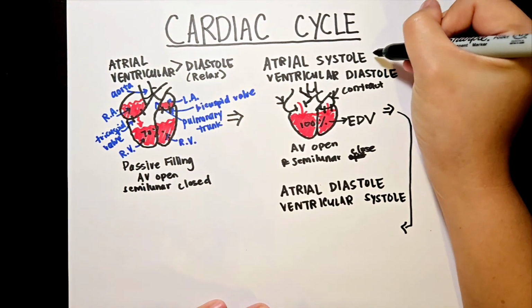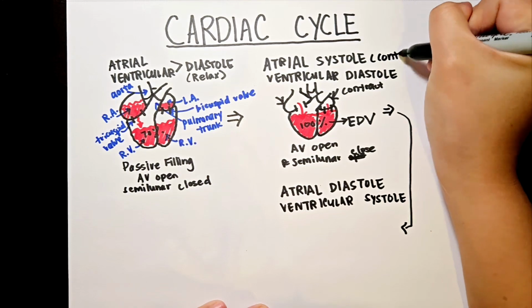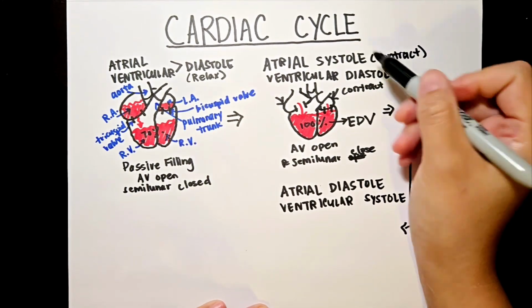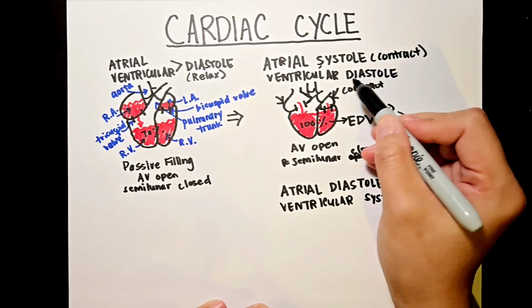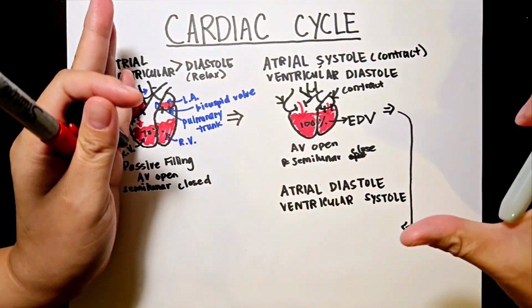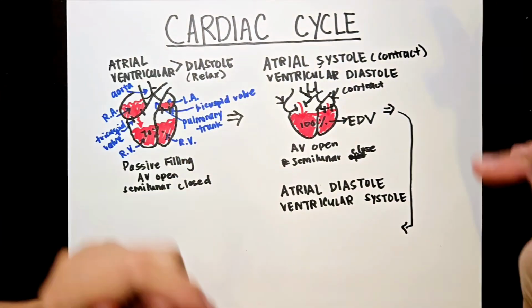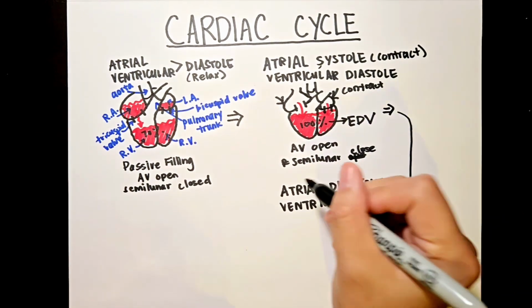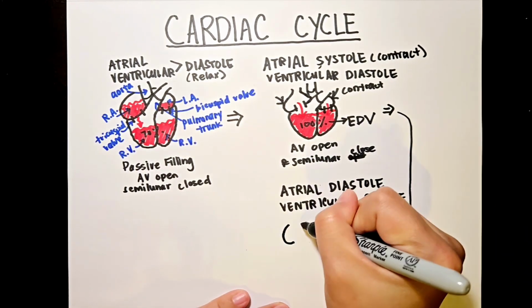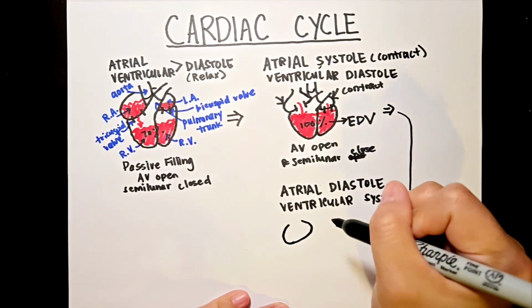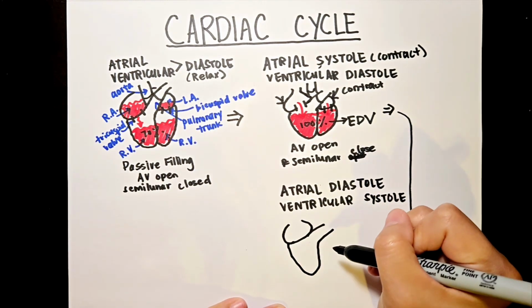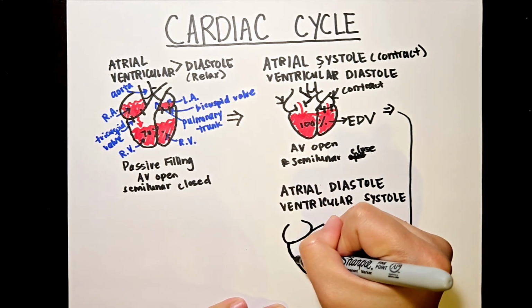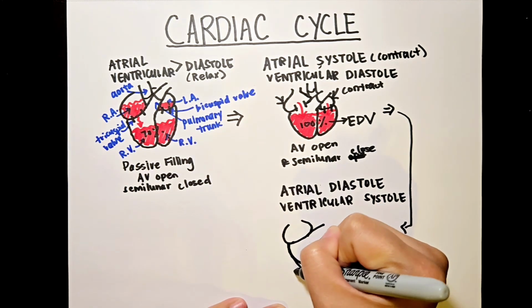Remember systole for contract, or one of my students says S for squeezing blood. Diastole kind of sounds like dilate, which means relax. And so when the atria are back in their relaxed phase, your ventricles start to push inwards.